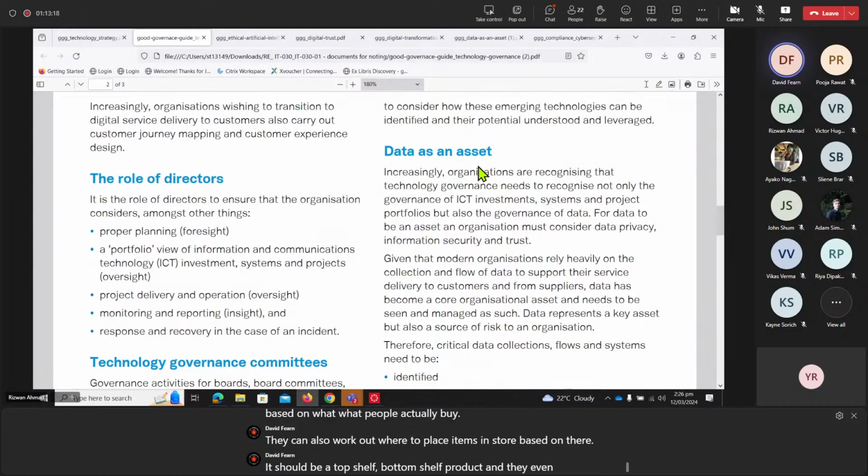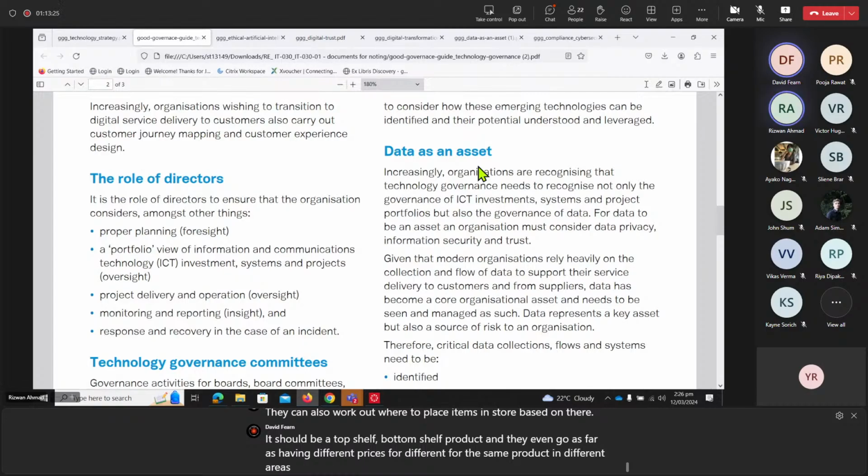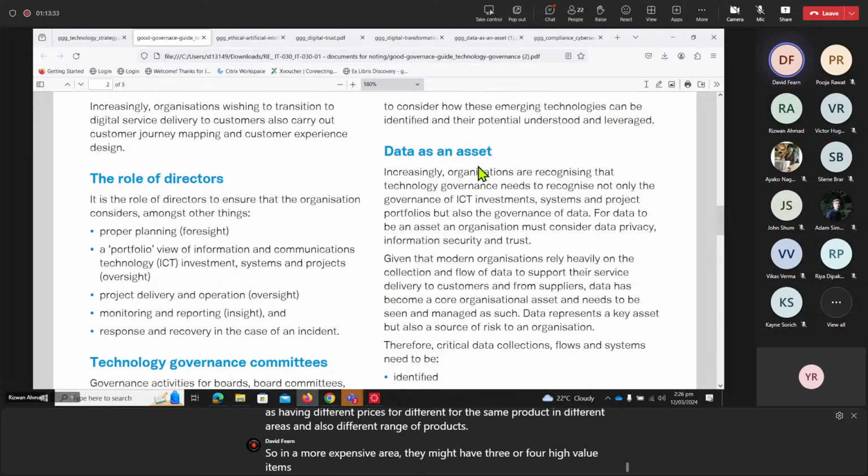They even go as far as having different prices for the same product in different areas, and also a different range of products. In a more expensive area, they might have 3 or 4 high value items, whereas in a cheaper area, they might have predominantly no frills.